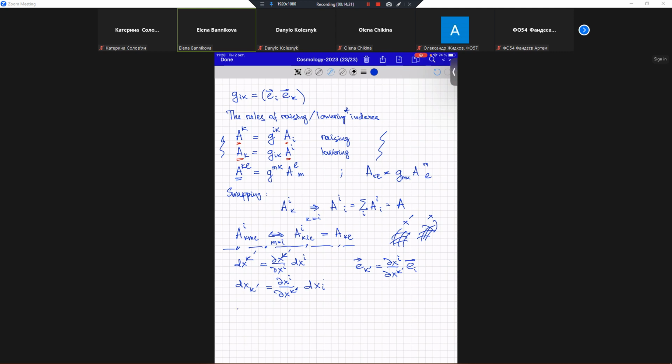Now let's consider what the metric tensor is in the primed reference system, g_k'l'. I can write this as e_k prime, e_l prime, and it's understandable that this is a scalar product, so I will not use the parentheses. And we use these expressions.